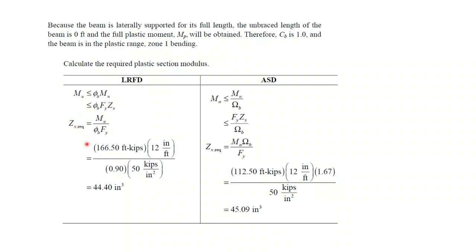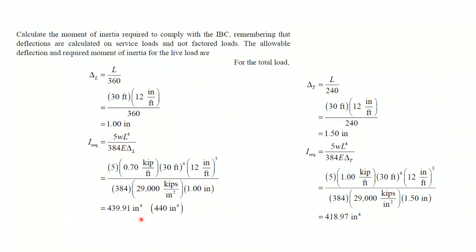So Zx is easily computed and the value is 44.4 inch cubed. What this means is we need a section that has a plastic modulus equal to or greater than 44.4 inch cubed, and, sorry, not or, and a moment of inertia of 440 inch to the power 4.